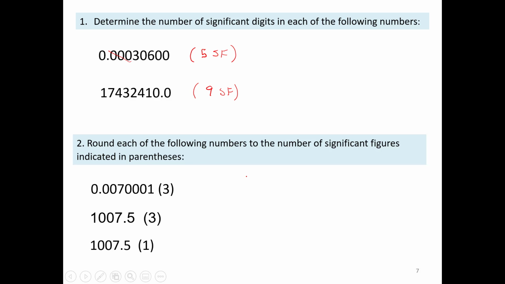Then remember, these 2 are not significant. Then we need 1, 2, 3. This is the number we need to round. Because the next number is 0, which is less than 5, we don't need to do anything. We just delete the other zeros.